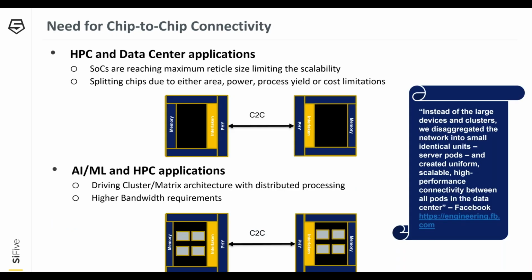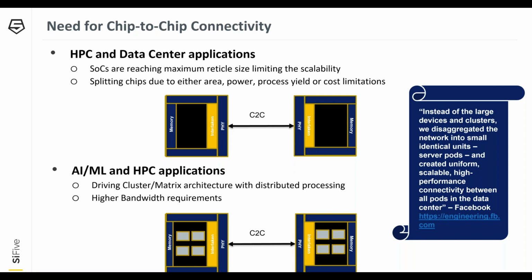If you're aware of the SoCs that are getting larger and larger today, hitting the reticle limits, the problem it brings is lower yield, higher power, and increased cost per die. The lower yield is because as the reticle size gives you a bigger die, the yield of that particular die goes down. The diagram here shows how two packages are connected using Interlaken and PHY.